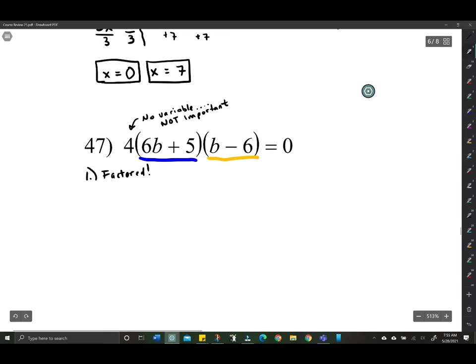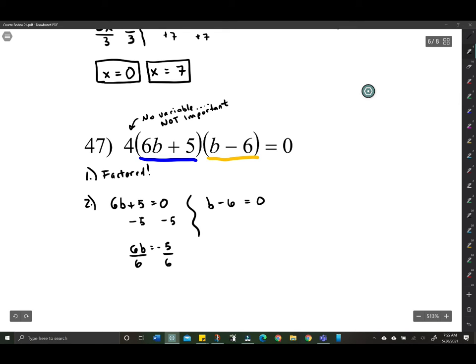So we simply set each of those equal to 0, step 2. So 6b plus 5 is equal to 0, and b minus 6 is equal to 0. Solve each of those. This should be easy work for you. So 6b is equal to negative 5. We will get a fraction. That's okay.